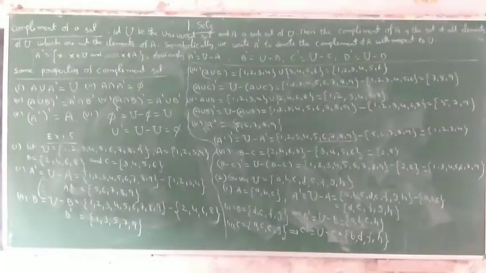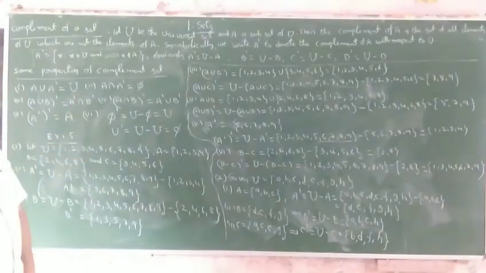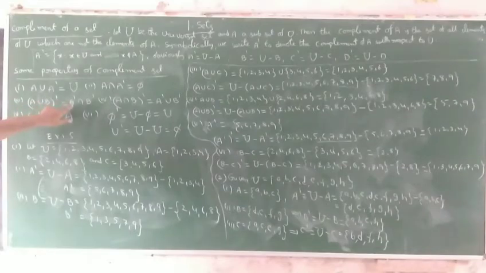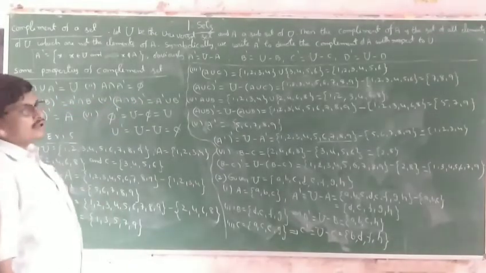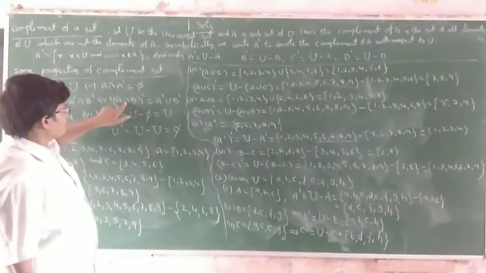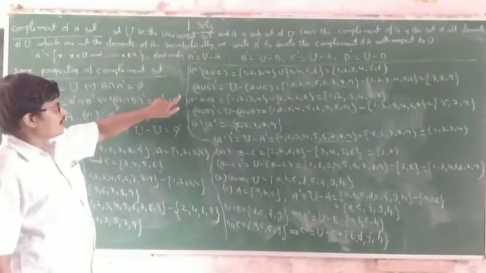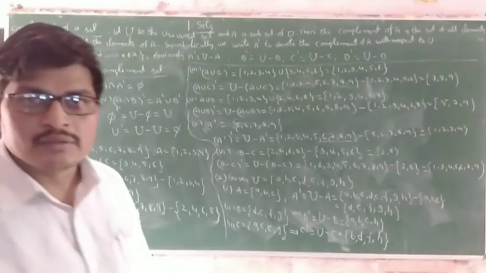A union B whole complement is equal to A complement intersection B complement. A intersection B whole complement is equal to A complement union B complement.